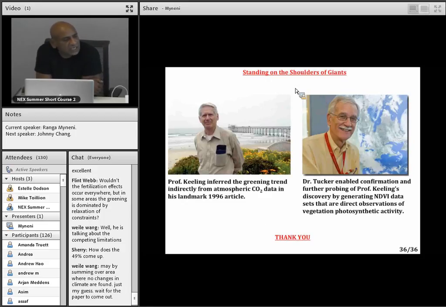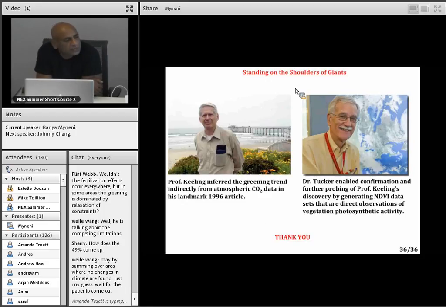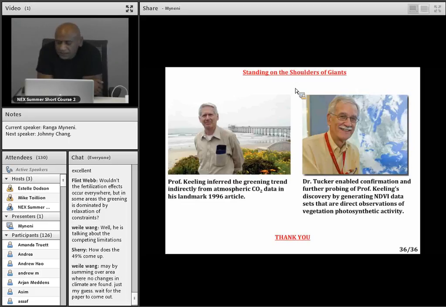We were able to refine those three sentences in Professor Keeling's landmark paper through Dr. Jim Tucker's NDVI data. So here are the two giants.